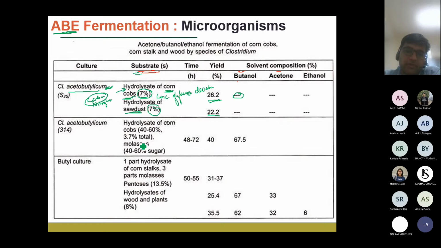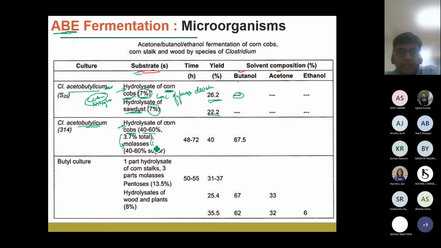So now if we look into the other substrates that are used, generally some sort of mixed substrates are used, and that is specifically for the production of the solvents. Here we use the same microbial species, but along with the hydrolysates of the corn cobs, we add some molasses.